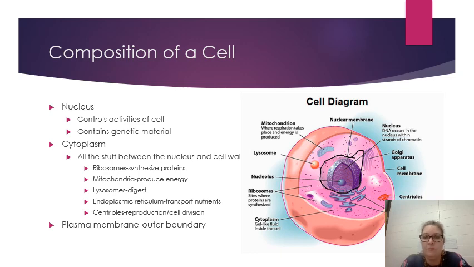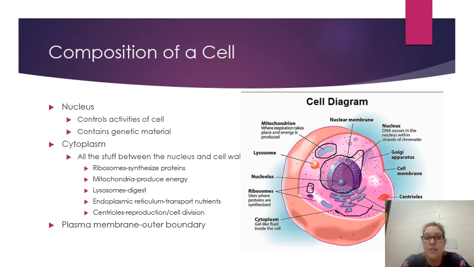The cytoplasm, which is this little part right here, all of this pink stuff here. That cytoplasm is all of the stuff between the nucleus and the cell wall. It contains ribosomes. Okay, so right here we have these little ribosomes. Those ribosomes will synthesize proteins in the system. You've got mitochondria, which produce energy, and our little mitochondria are right here. So those produce energy for the cell.